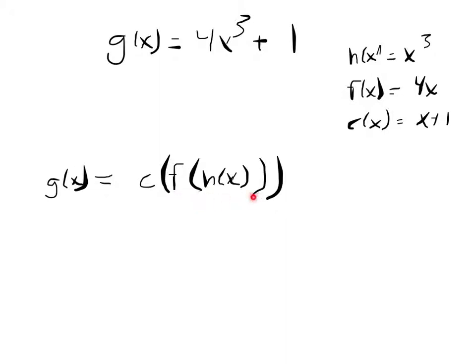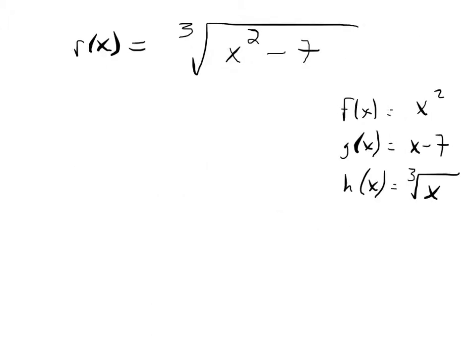We then are going to take that whole value, which is 4x cubed, and what do we want to do with it? We want to do c to it. We want to add 1. So our notation is c of f of h of x. And the other way I can write that is c circle f circle h of x.